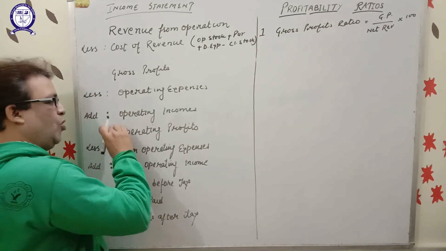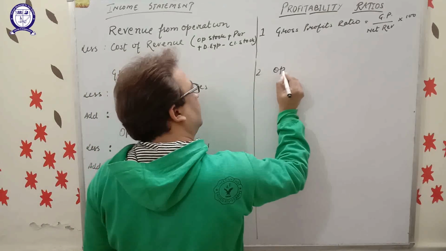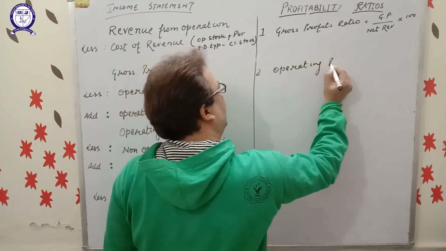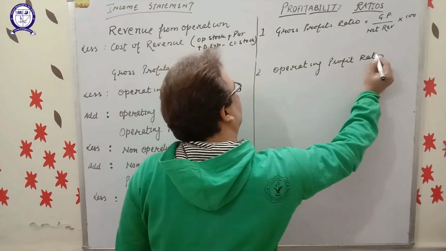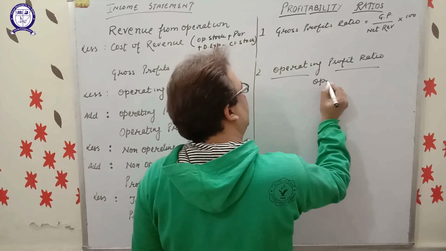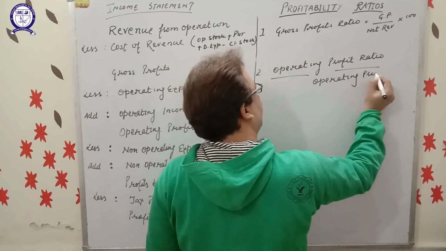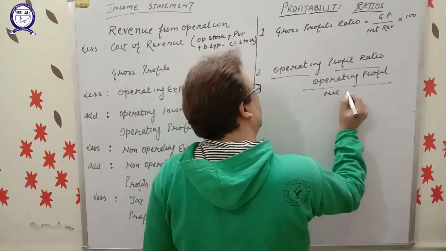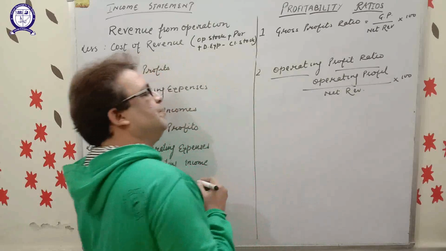Next ratio is operating profit ratio. The formula of operating profit ratio is operating profit divided by net revenue into 100.